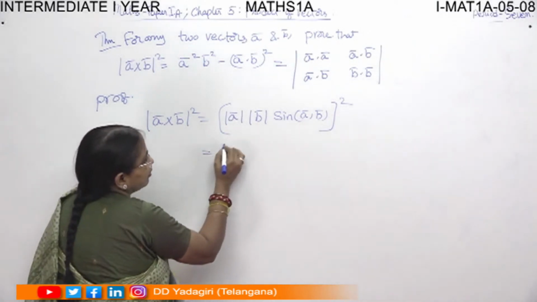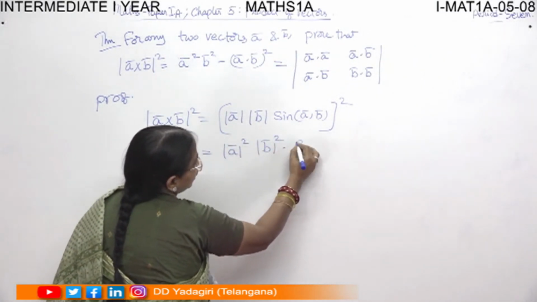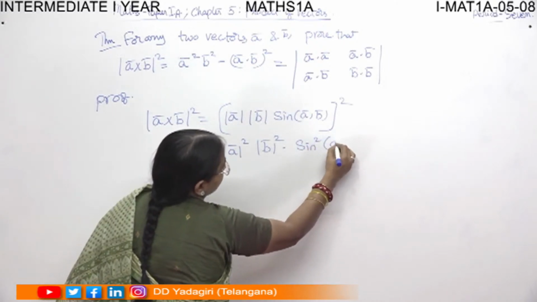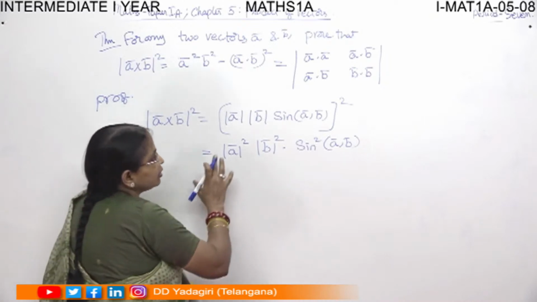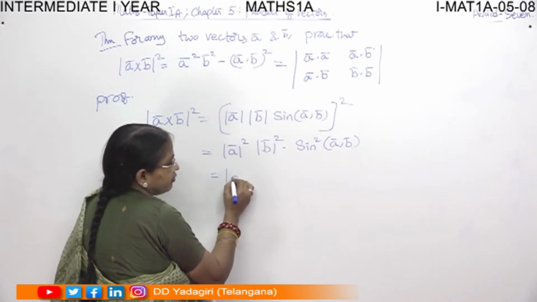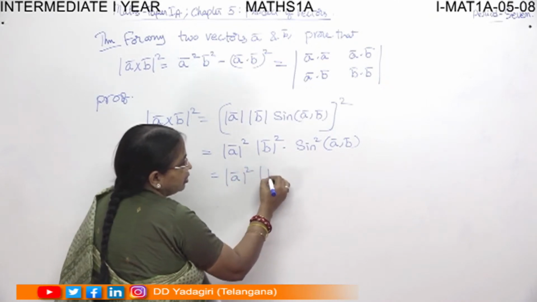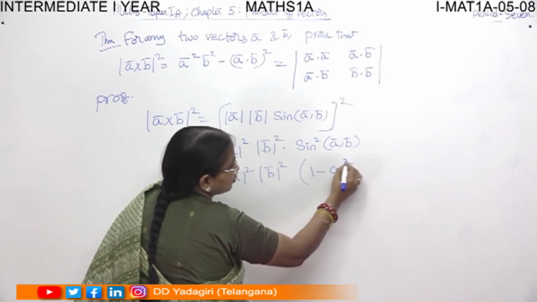By squaring, we'll get mod A square into mod B square into sine square of AB. Till here you can easily write. Now the next step to get this form is to write sine square theta as 1 minus cos square theta. That's all. If you can remember this point, it is very easy to prove this theorem.